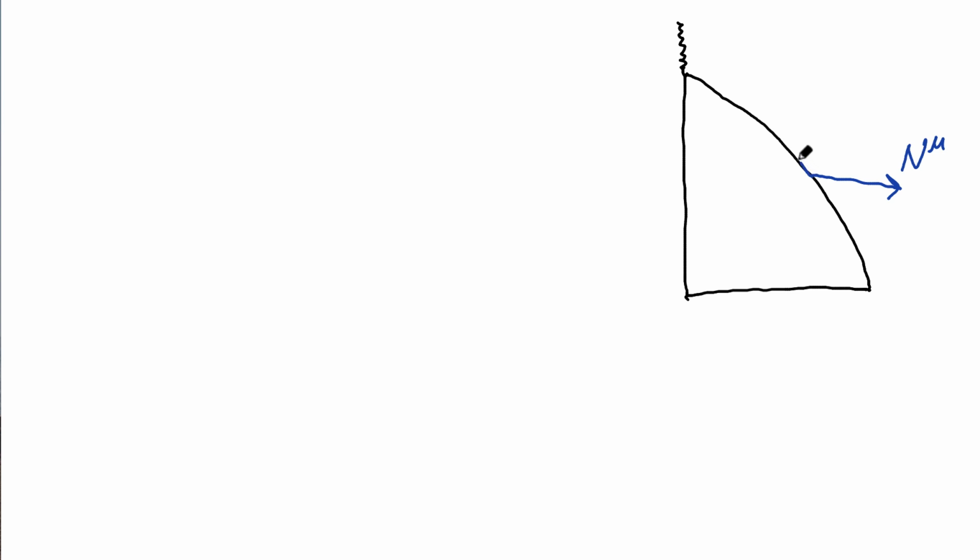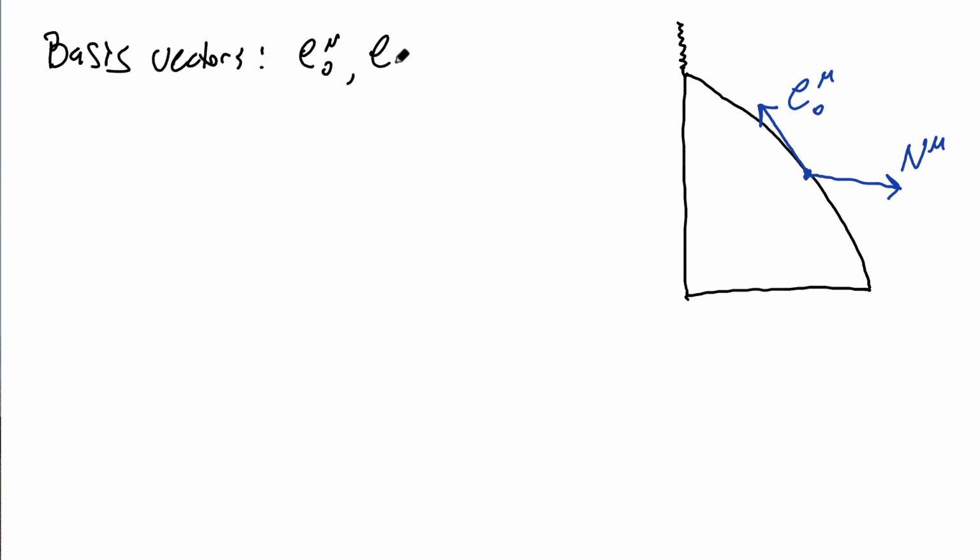So here's one of those basis vectors. Let's call it E0. And there are two other basis vectors that are perpendicular to this diagram. Remember, each point in this diagram is a two-dimensional sphere. So we'll call these other basis vectors E2 and E3. So the set of basis vectors is E0, E2, and E3.